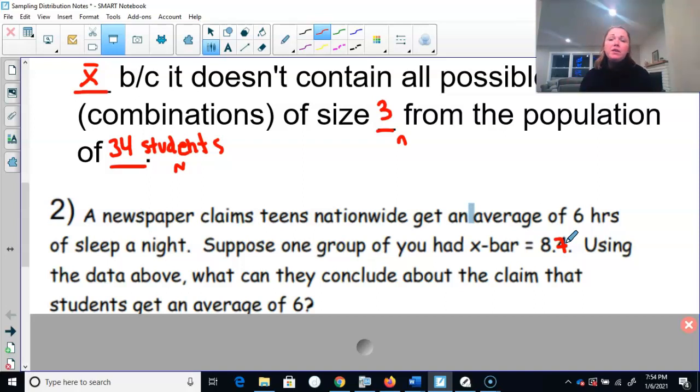Well, first of all, let's just think about this. Right now, people are claiming that students get an average of 6 hours of sleep, but you guys had a group where you had an average of 8.7 hours. Right away, there's a difference there. As a statistician, now we're wondering, is this enough evidence to refute this claim? To say, hey, we have some evidence that 6 hours might not be the truth. Or is it just natural variation?